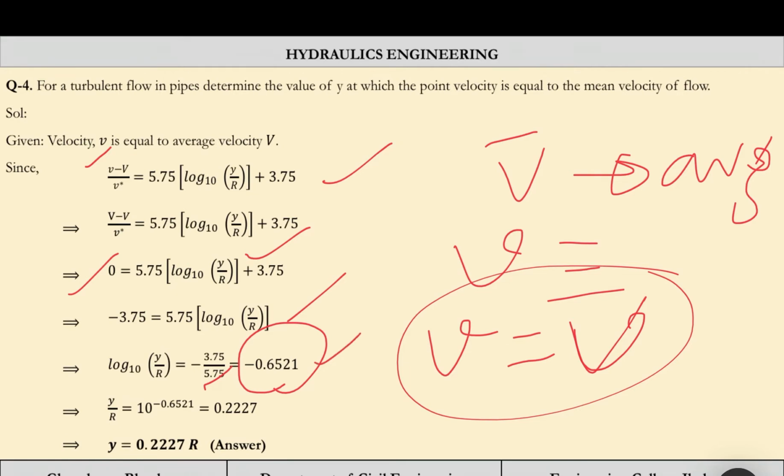That means y by r will become 10 raised to power minus 0.6521, that is coming out to be 0.227, or sometimes in the books you will see 0.223. So this is the distance from the boundary of the wall, boundary of the pipe, at which the velocity is equal to the mean velocity.